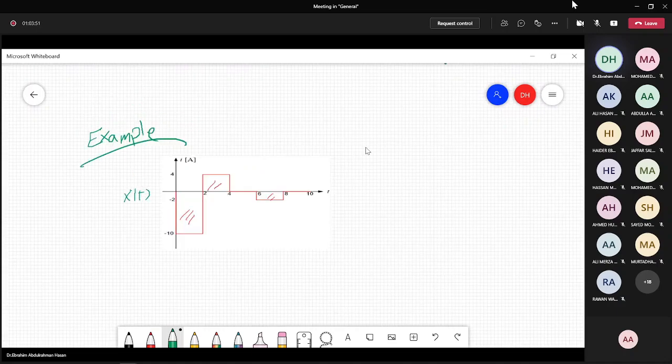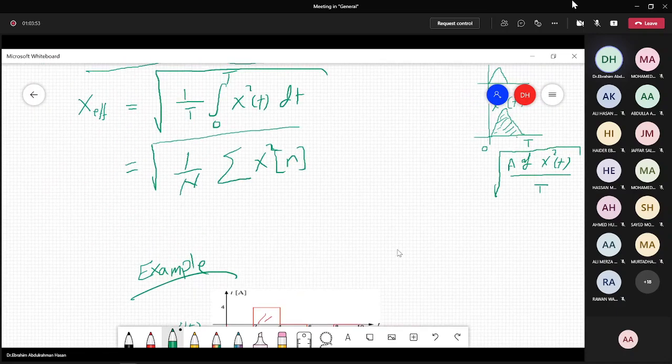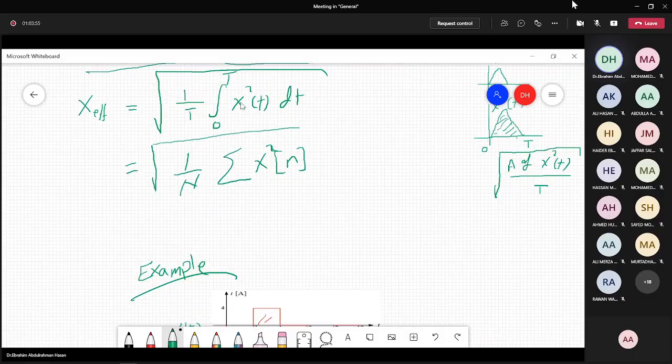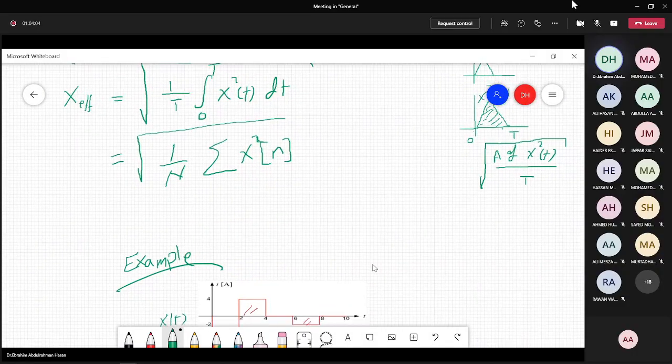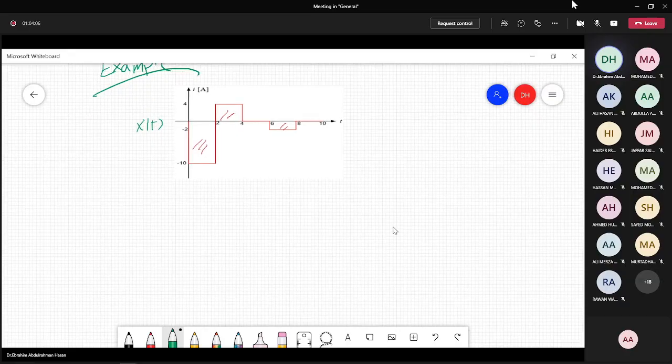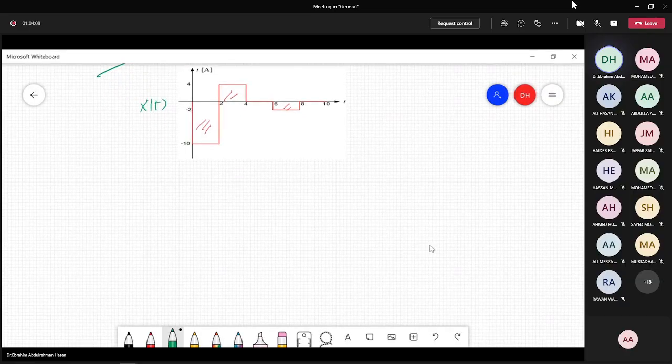The formula says that it is 1 over T integration from 0 to T of x squared t. So the first step, we need to find x squared before working with integration and root. So square this one. Here I will get 100, this is I square of t until 2.